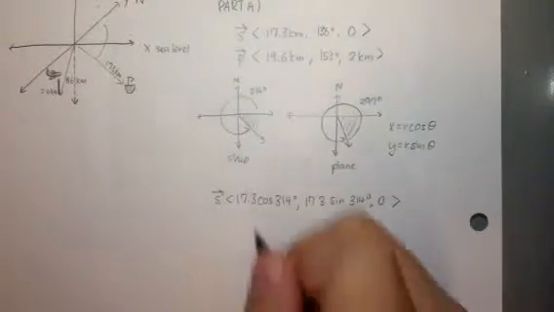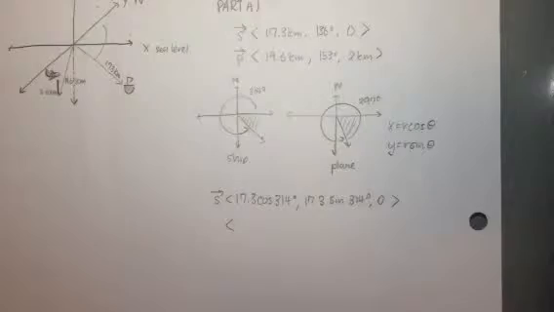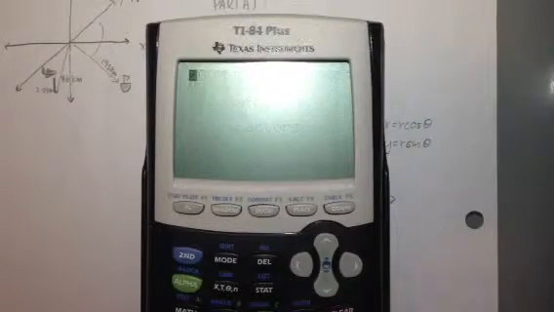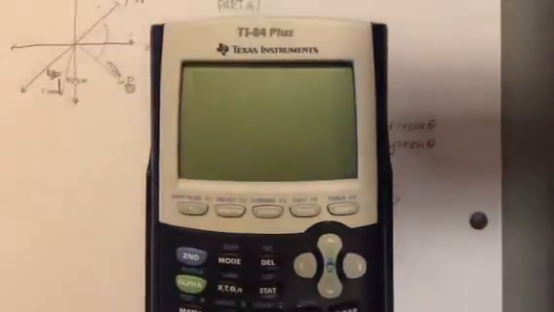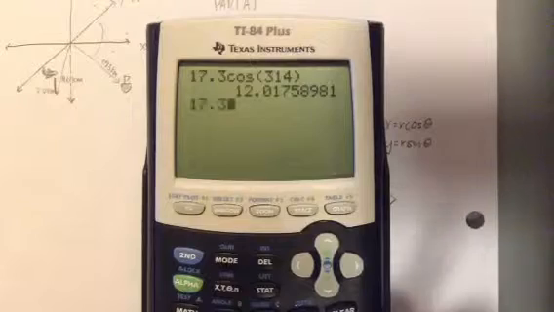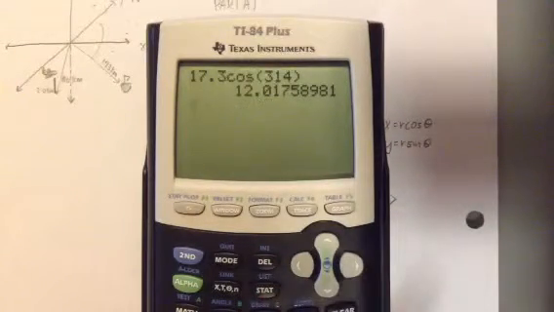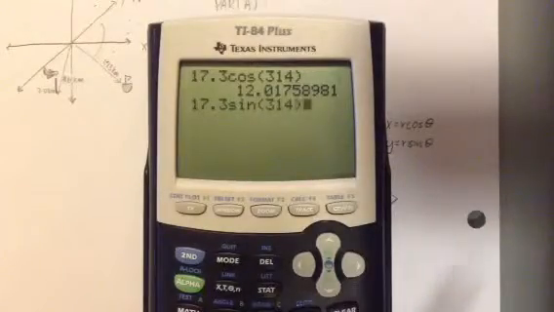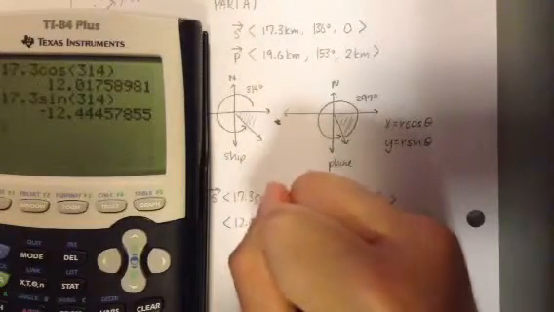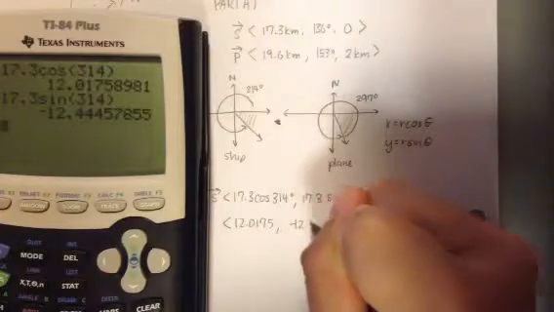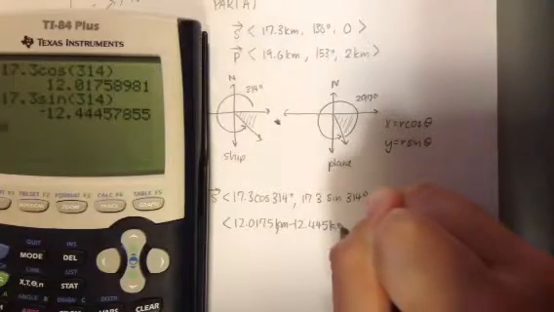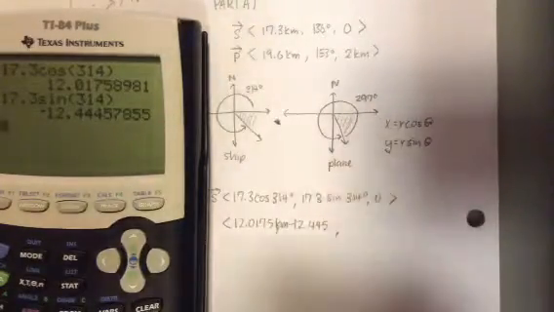If we put that in our calculator, it's going to give us approximately 12.0175, then negative 12.445. Don't forget the units. And then 0.